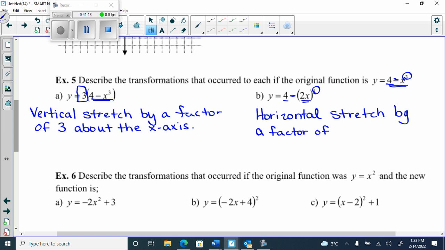Once again, never. If you're going from words or mapping and putting it back into the equation, what's it going to do? Flip, right? Because they're the opposites. They're the reciprocals. So it's the horizontal stretch by a factor of 1/2 about the Y-axis.